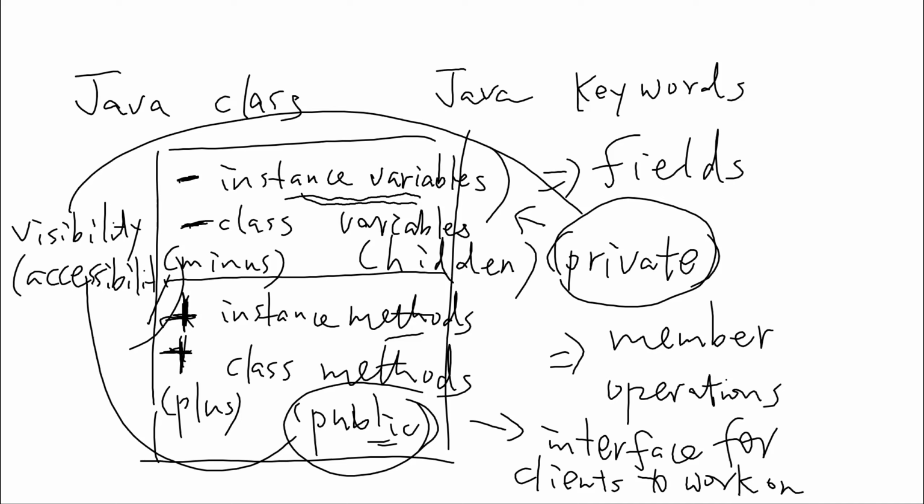So here we have a general idea. Whenever you define a class, you need to have two parts. One part is instance variables, class variable parts, and normally they are private. The second part is regarding operations, where we can have instance methods and class methods, and generally speaking, they are public, okay?